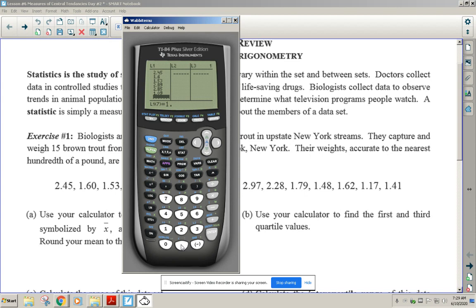They won't give you the full list sorted, but they'll give you your lowest and your highest, which we'll go through. 2.39, 2.97, 2.28.